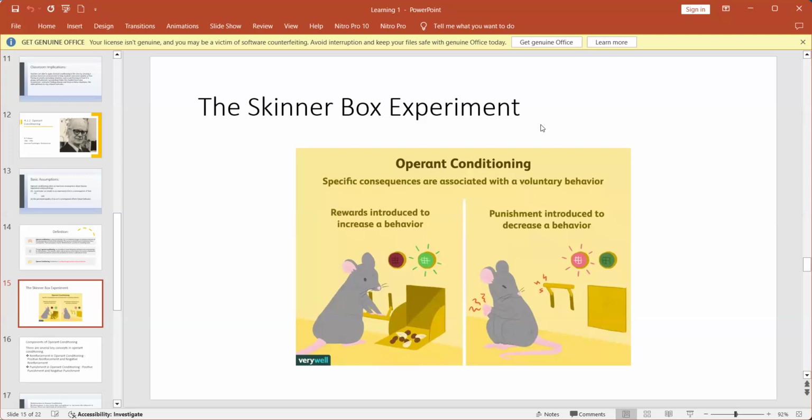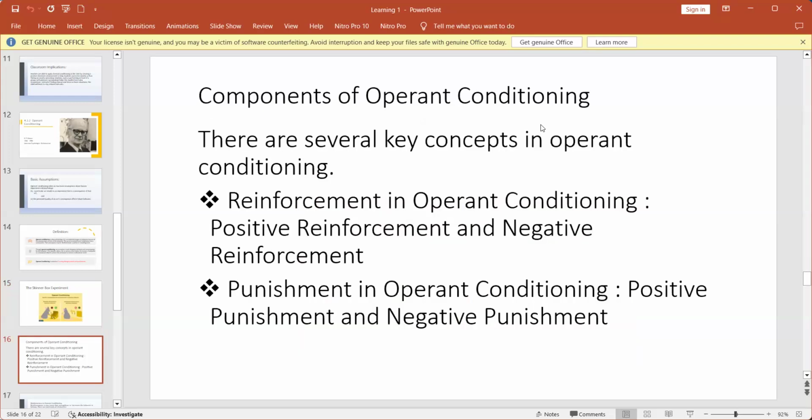They are components of operant conditioning for the purpose of using rewards and punishments effectively to facilitate learning. First one is types of reinforcement and punishments. Second component is schedules of reinforcement.